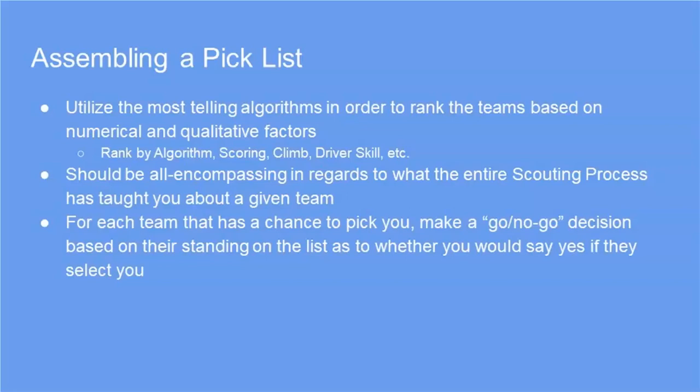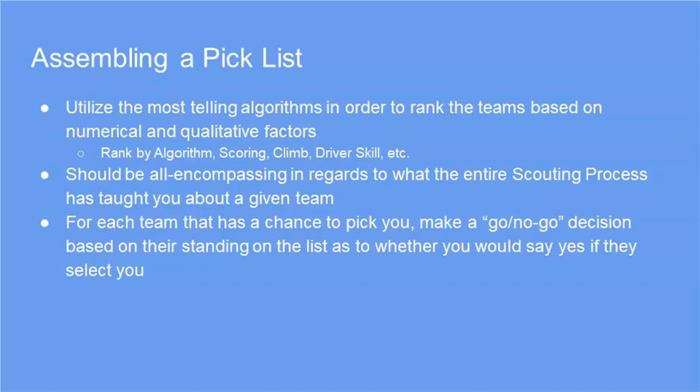However, it is important to keep in mind overall team chemistry. So don't go data crazy and just solely rely on your pick list with no regard for chemistry or strategy. You want to talk to your drive team and other pit scouts, and really get to know the teams' chemistry, and also consider, for example, if your team needs 2 climbers, like for Infinite Recharge, in order to win finals, you'll want to have at least 2 climbers so you can get that bar level or get the 3-point climb.